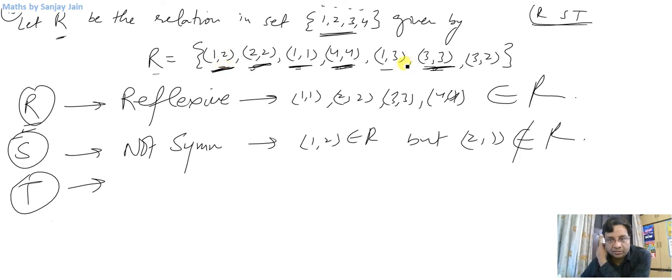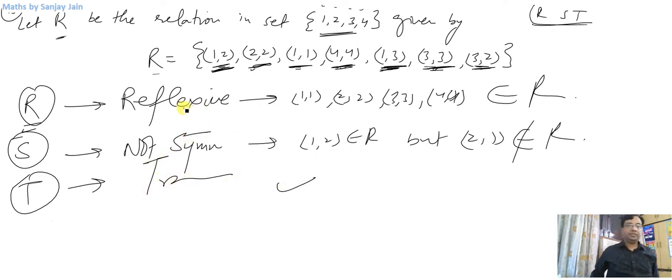Okay, no problem, because 1 2 is present, 2 2 is present, so 1 2 is also present. 1 3 is present and 3 2 is present. 1 3, 3 2 is present, so 1 2 is also present. So yes, it is transitive.